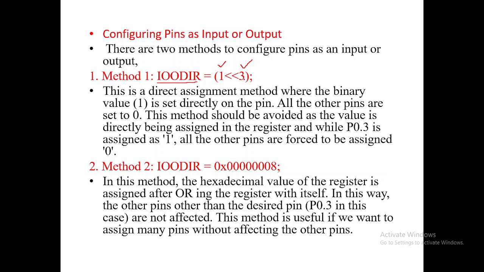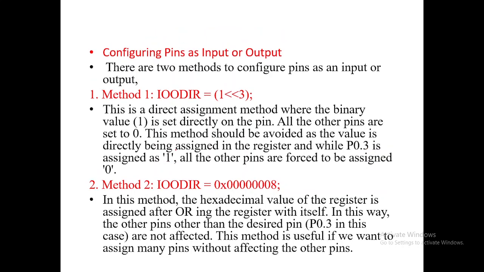So the binary value of pin number 3 of port 0 is set as 1, and all other pins are set to 0. This method should be avoided, as a value is directly assigned in the register, while pin number 3 of port 0 is assigned 1, and all other pins are forced to be assigned 0.